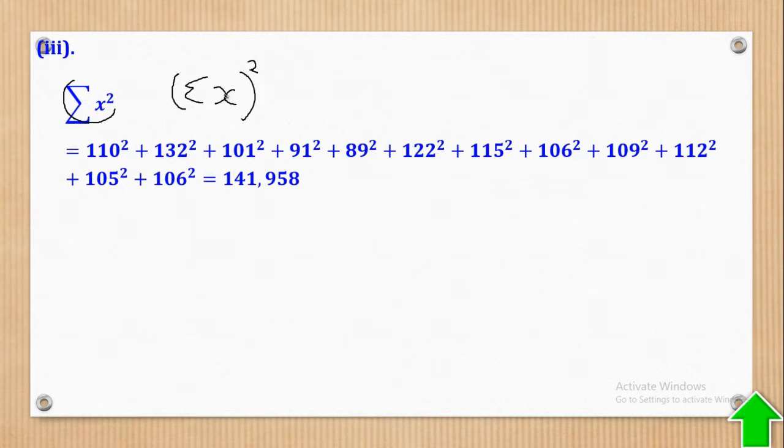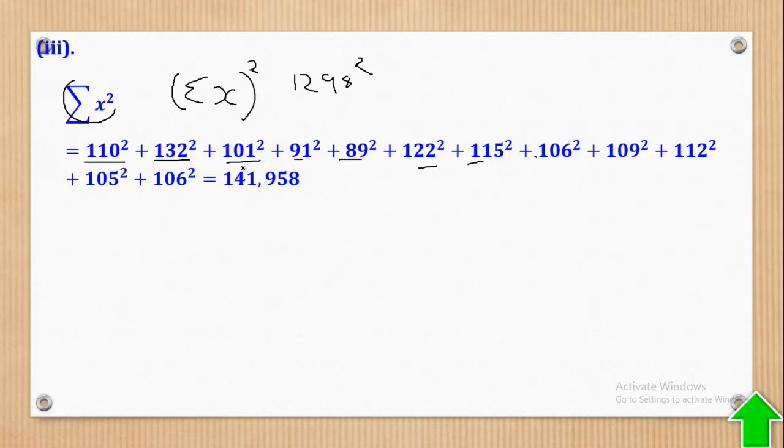This one means we first get the summation of x as we did under the part of mean, then you square the outcome. So here we would have squared the 1298, but because here there is no bracket, it implies that this one is different from this. Therefore, what we have to do is get each value of x and square it independently.